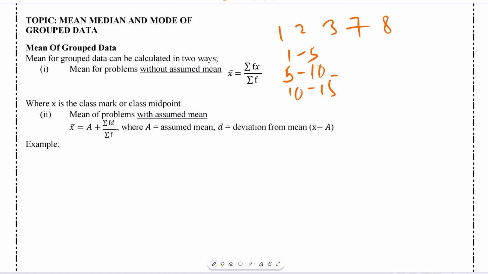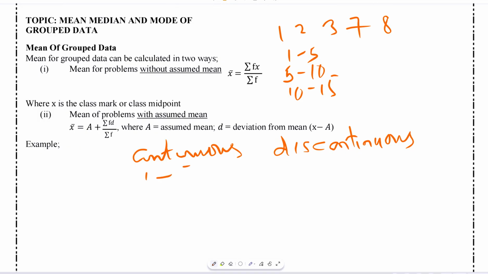And we have two types of grouped data. We have continuous and we have discontinuous. Continuous are, let's say, 1 to 5, 5 to 9, 9 to 13.